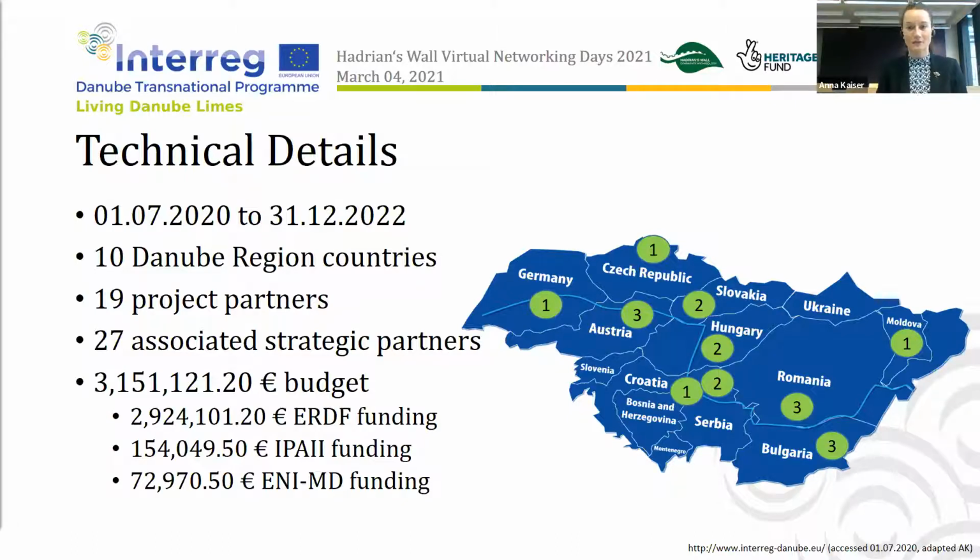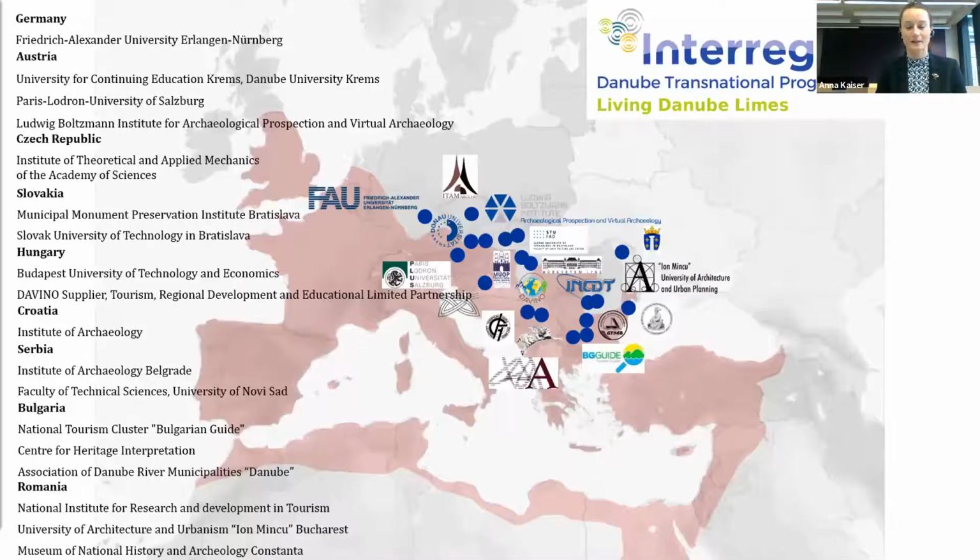The overall budget we have for this project is 3.15 million euros. And this slide briefly shows you the location, the blue dots, of where all our partners are located. So from Germany to the Black Sea, all our 19 project partners.